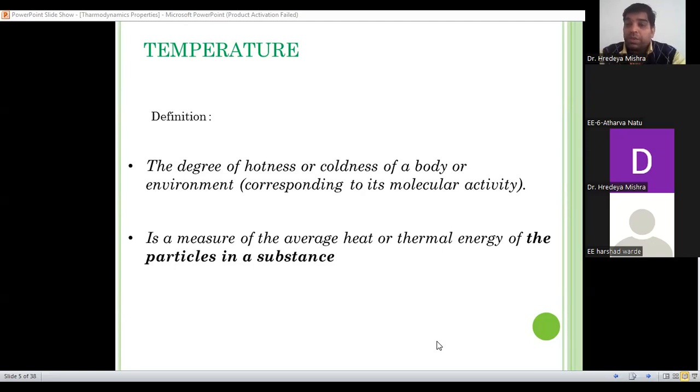So if the temperature is beyond the higher or lower limit, we feel a cold or hot environment.